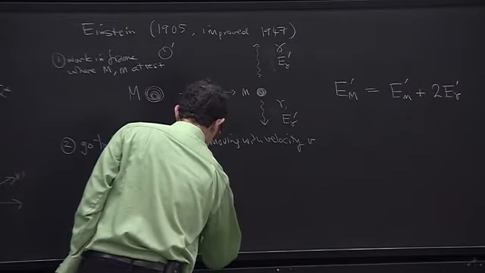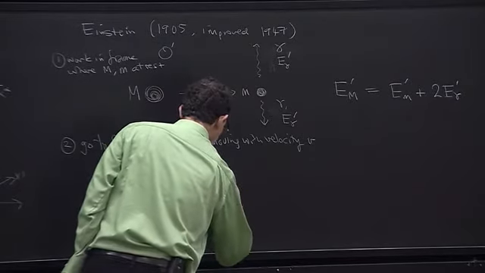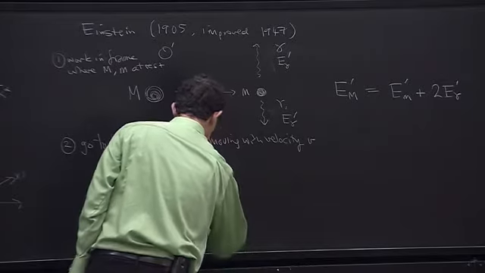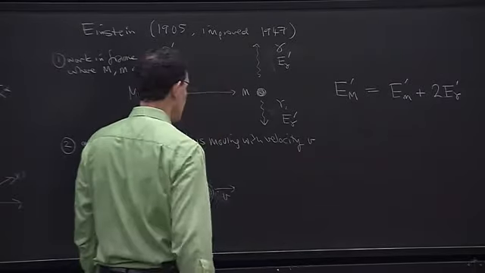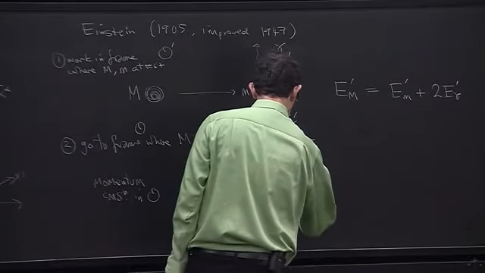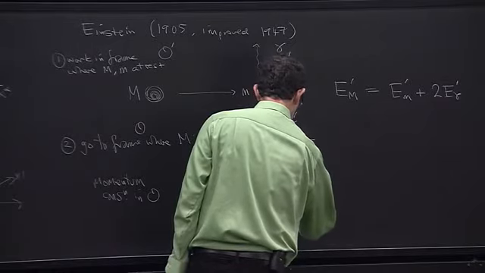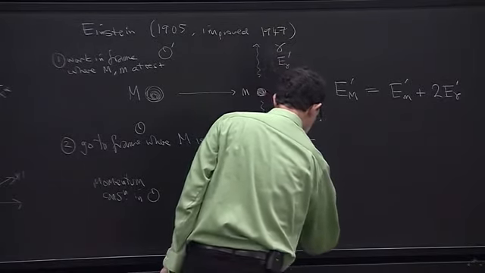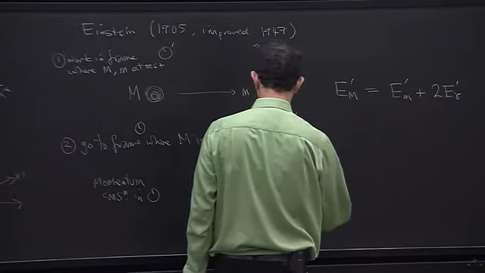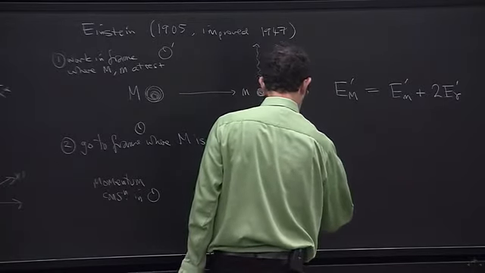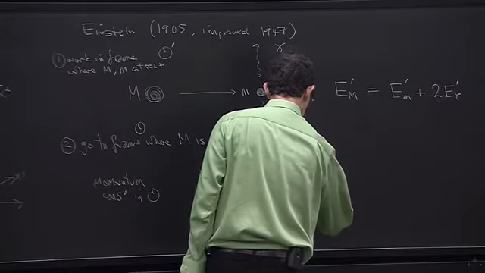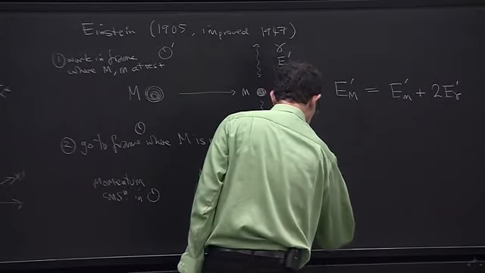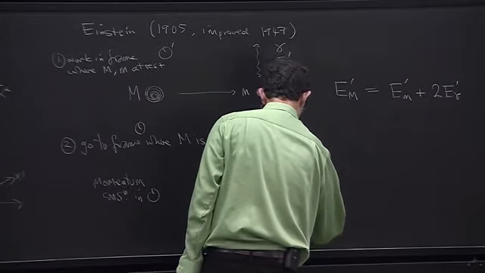M is moving along with some velocity v. And then it emits 2 photons. These are going to be going now in the forward direction. These are E gamma, and this is M, little m.